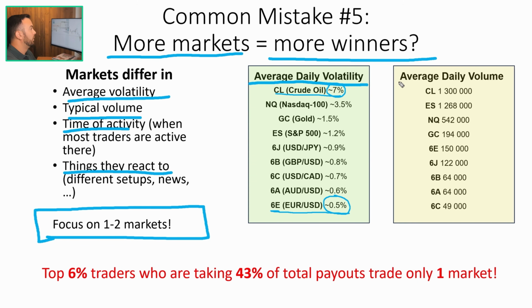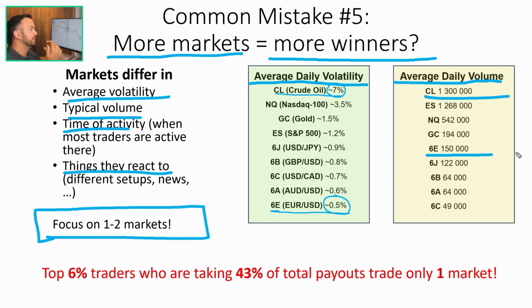Volatility is different, also the average daily volume. So if on the crude oil, typical daily volume is over 1 million contracts, whereas, for example, on the Euro futures, it's only 150,000 contracts, the charts will look completely different. The volumes will look completely different.